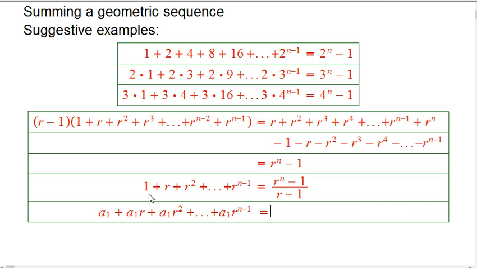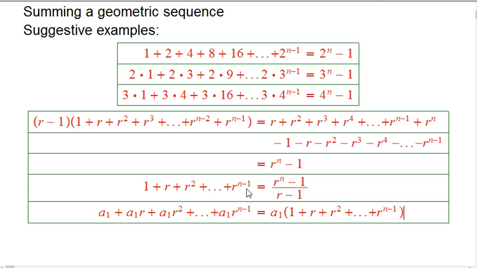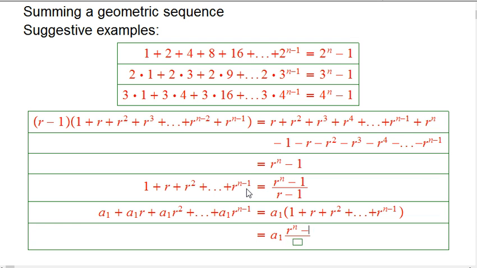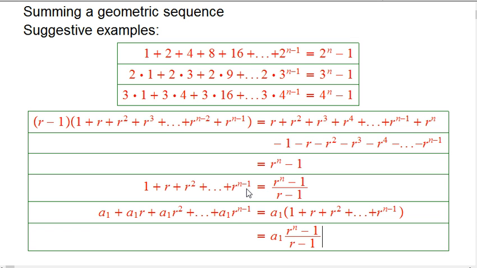But that's not that much more complicated. That is just a1 times the quantity of what we just did. I'm going to copy and paste it to emphasize that that's really something we just did. Oh, okay. Well, we don't know the formula for that. Okay. And so there, and let me just bring that back down too. So there's the formula, the master formula for the sum of geometric series.